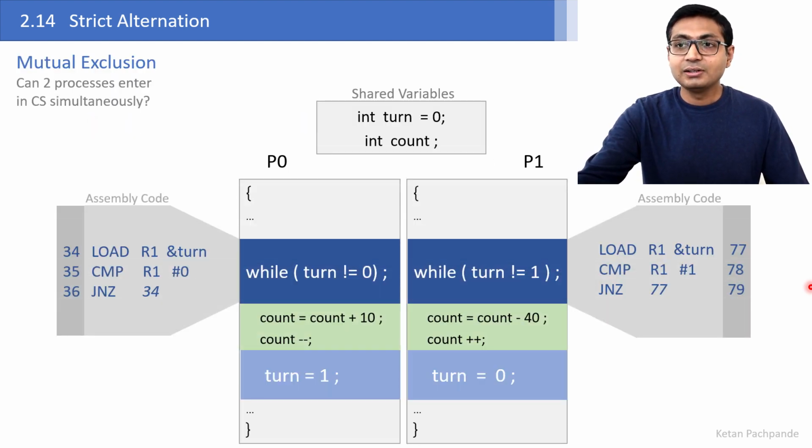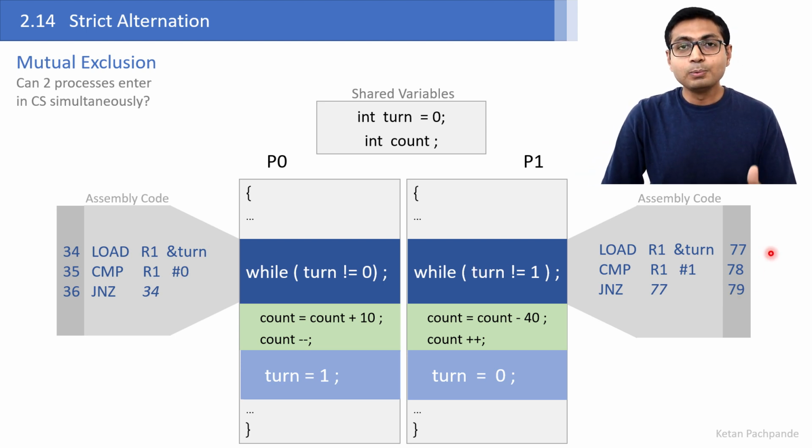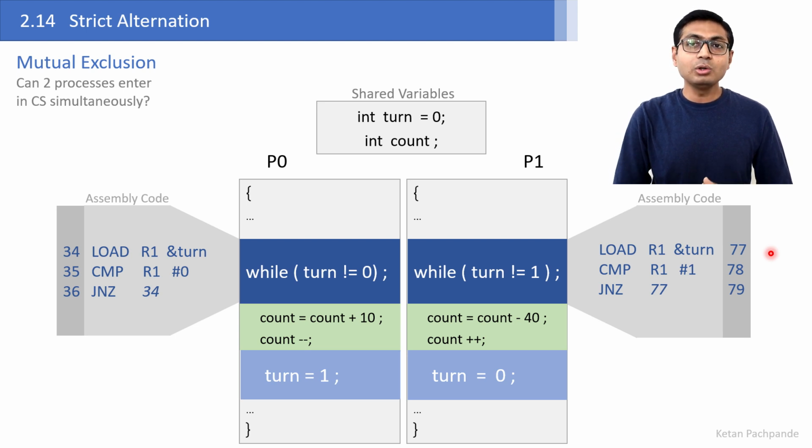Let me take these assembly level instructions for the entry section. Now, do you remember in the lock variable solution I explained, to prove all the requirements of synchronization mechanism, you have to think not only at the higher level language code, but you have to think from the assembly level instructions or binary instructions.